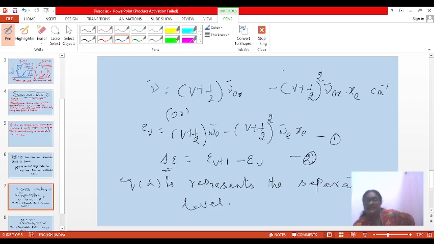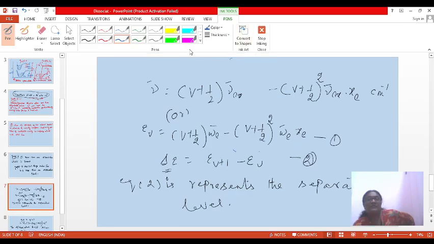Finally we take delta E, that is equal to E of V plus 1 minus E V. We substitute equation 1 into equation 2.